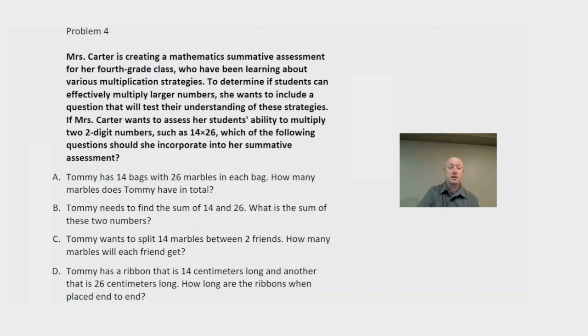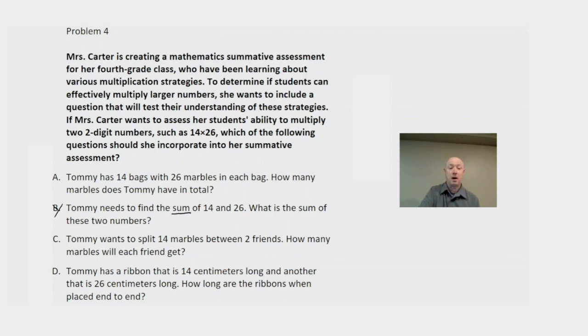All right, so let's look at some of the answers here. Tommy has 14 bags with 26 marbles in each bag. How many marbles does Tommy have in total? That's a possibility, so let's look at the other answers. Tommy needs to find the sum of 14 and 26, so that would be addition, so that's eliminated. Choice C, Tommy wants to split 14 marbles between two friends.